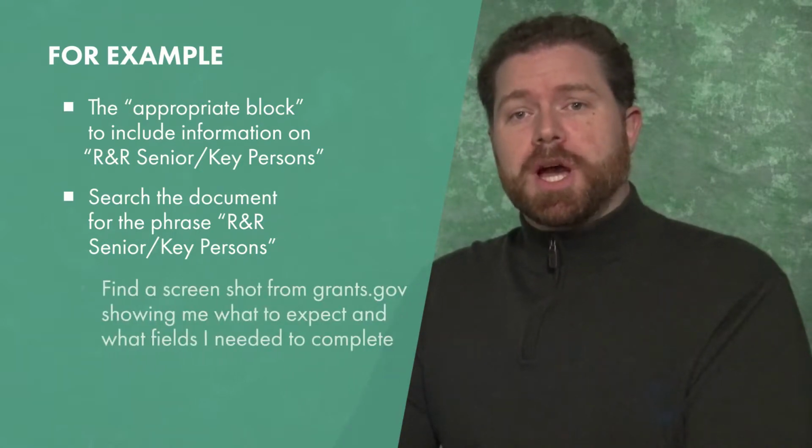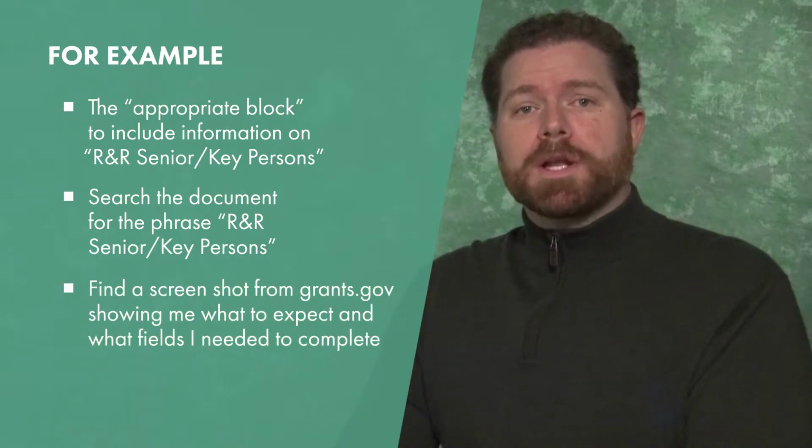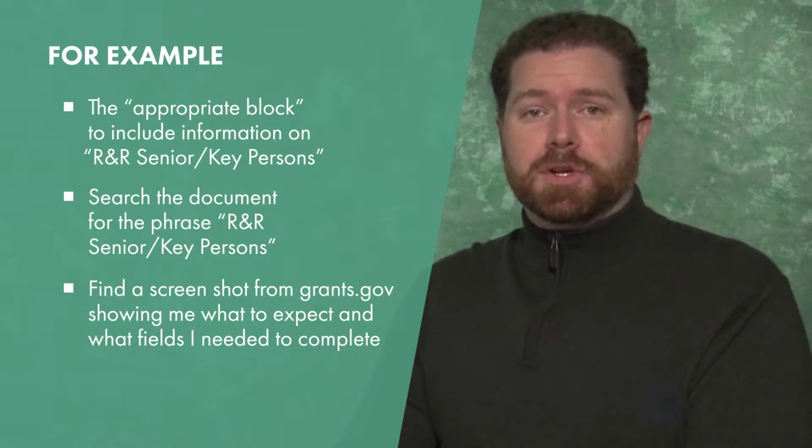There I found a screenshot from grants.gov showing me what to expect and what fields I needed to complete in this section. The associated, well-written explanation was very helpful and also contained information that I found surprising. For example, you need to complete this section before completing the budget form because info in that section is populated with the information that you enter here.